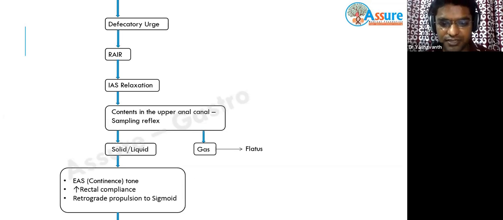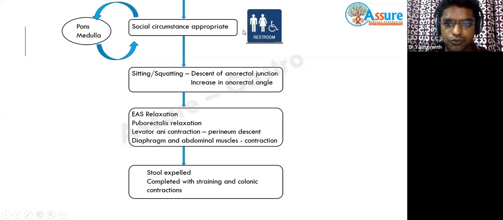So if it is gas, you will usually pass it as flatus if the circumstances are okay. If it's not gas, if it's solid or liquid, then it depends on which situation you are in, whether there is availability of a restroom or you are outside somewhere traveling. So this is decided by the higher centers like the pons and medulla.